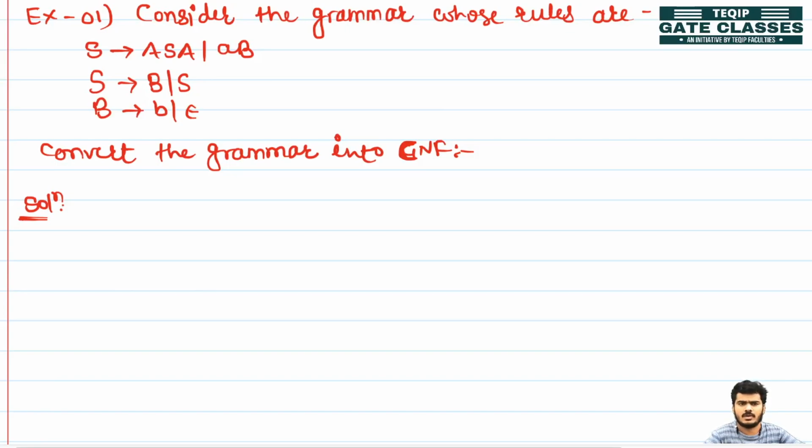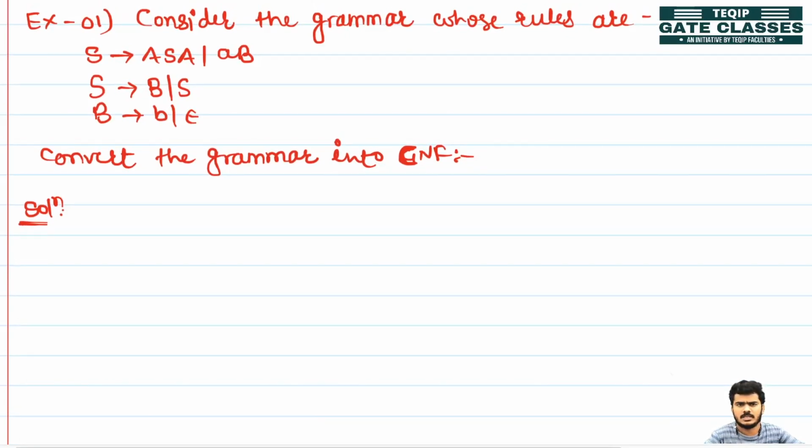Our first rule says that whenever the grammar has the start symbol on the right side, we will create a new start symbol, that is S0 or S1 or S2, whatever is convenient to us. We check whether the start symbol occurs on the right-hand side.